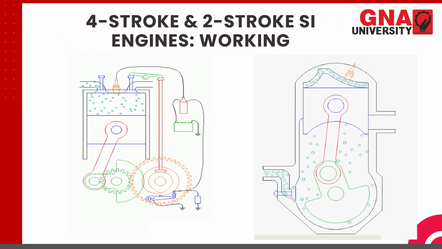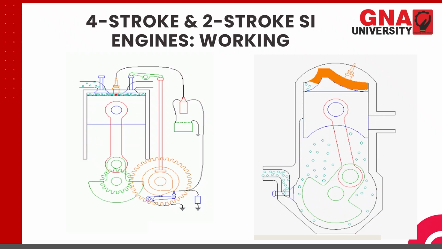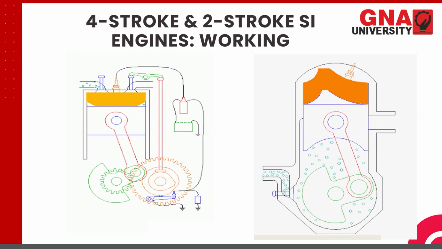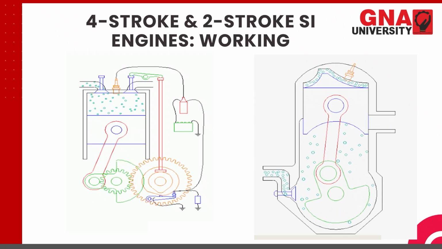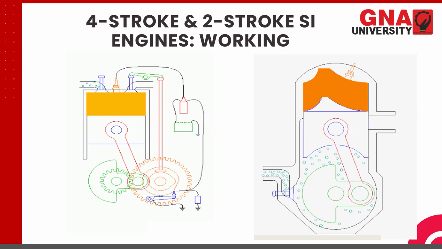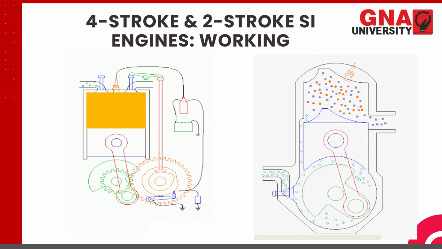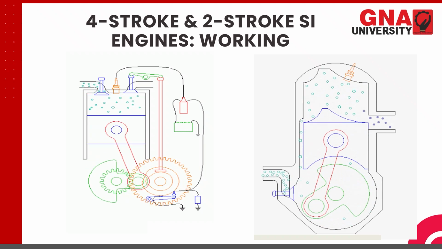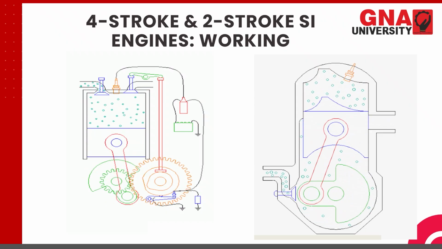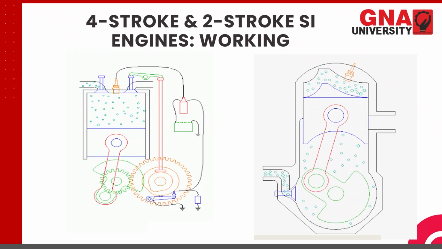So when the piston comes down, the expansion takes place, whereas when the piston moves up, the compression takes place. Now you can see, when the compression takes place, the charge comes into the crankcase. So compression as well as suction take place simultaneously.